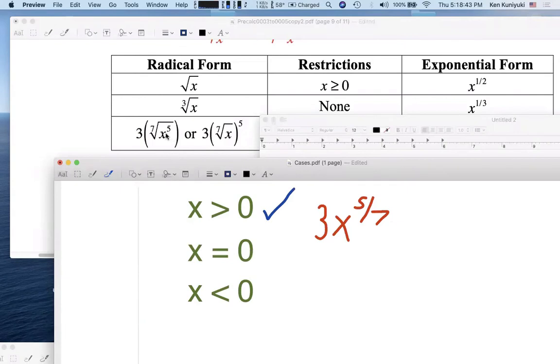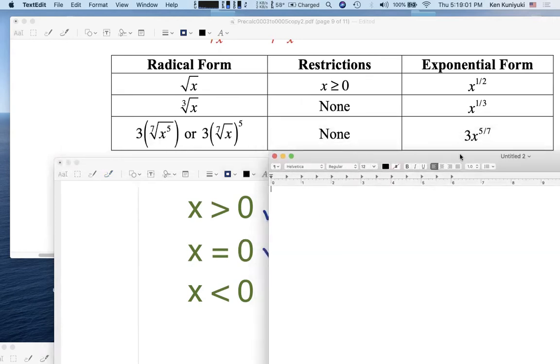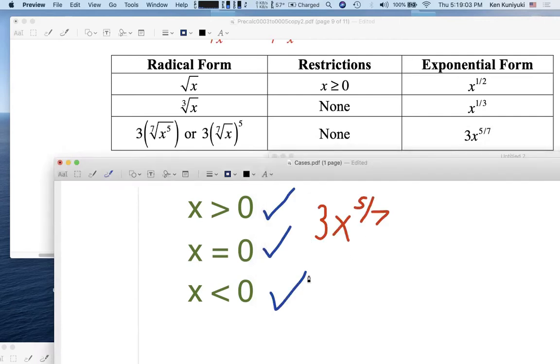Well, power of 0 is 0. Root of 0 is 0. That's fine. How about negative? The fifth power of a negative number is negative. The seventh root of a negative number, not a problem. It's a negative real number. It's all good. All reals. No restrictions on the domain. 3x to 5/7, no restrictions.